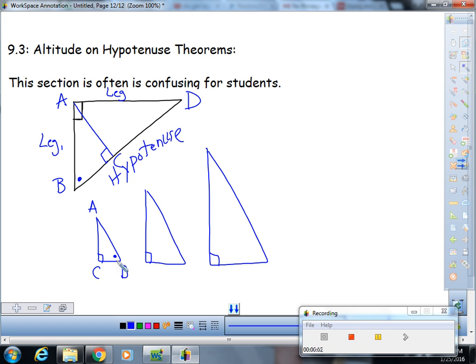All right, now let's go over to the big triangle. In the big triangle, A is our right angle. B is over here, our dotted angle, and that makes this D up here. Now we've got to figure out our medium triangle.